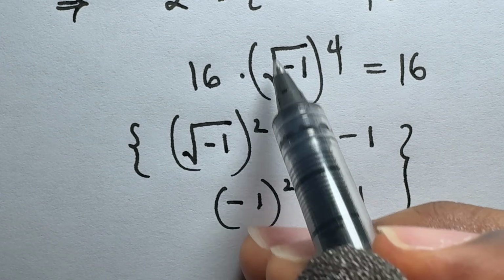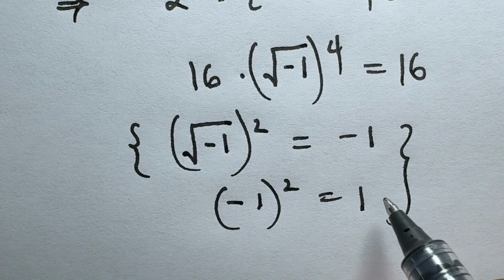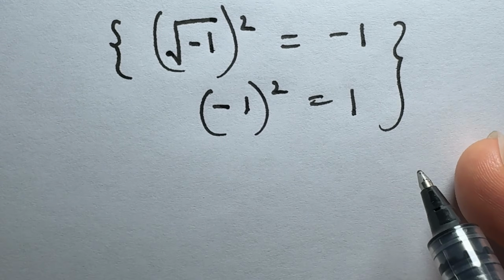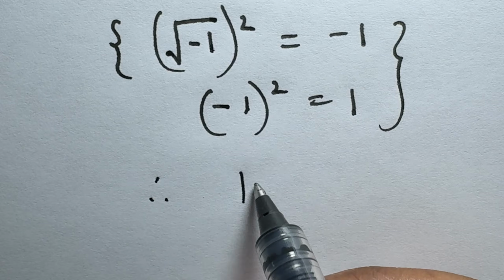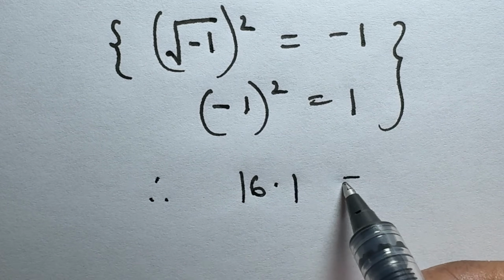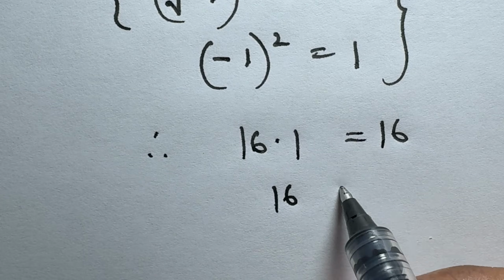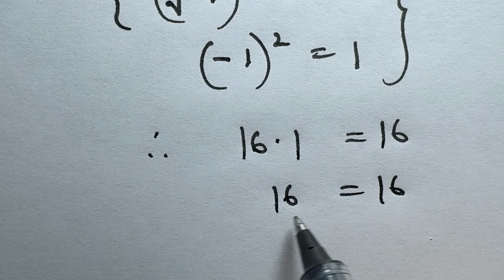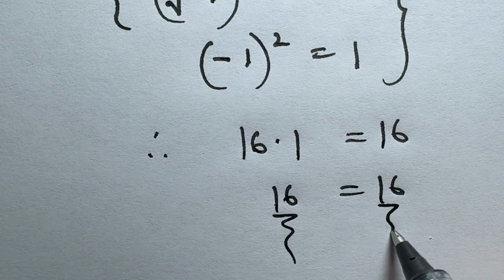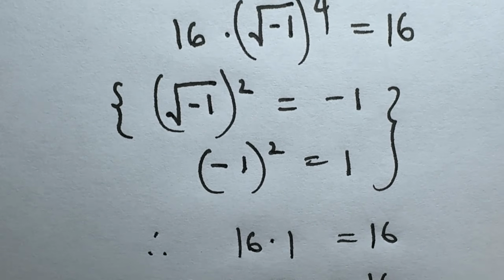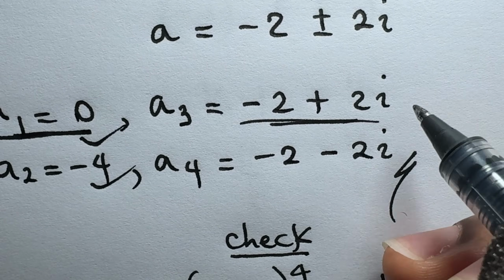That implies that the square root of negative 1 raised to power 4 is simply 1. Therefore, we have 16 times 1 to give us 16. 16 times 1 is 16, so 16 is equal to 16. Again, the left-hand side balances the right-hand side, and that confirms that it is also correct.